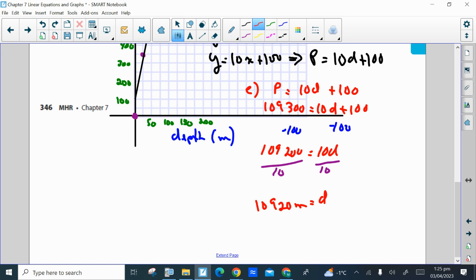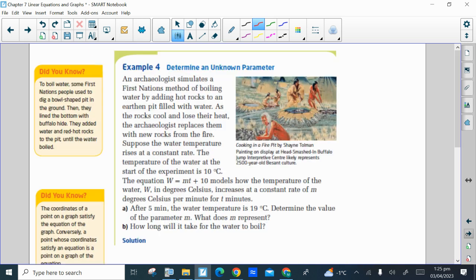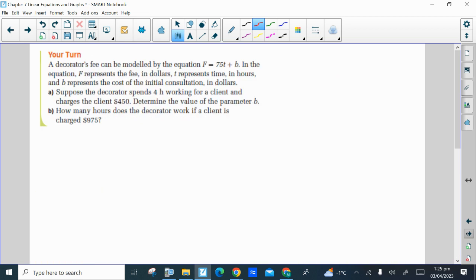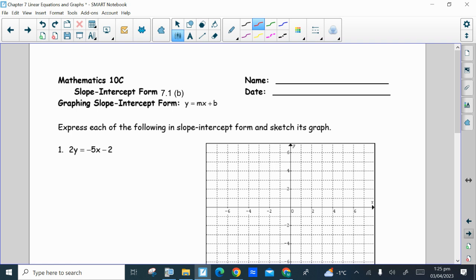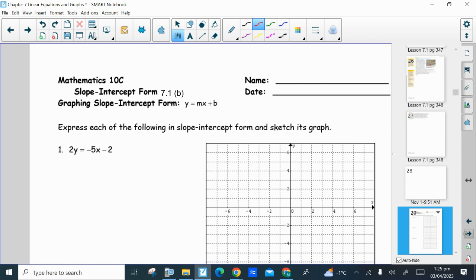Okay, I think we can stop there for now. So there's an assignment to work on, page 29 and 30.